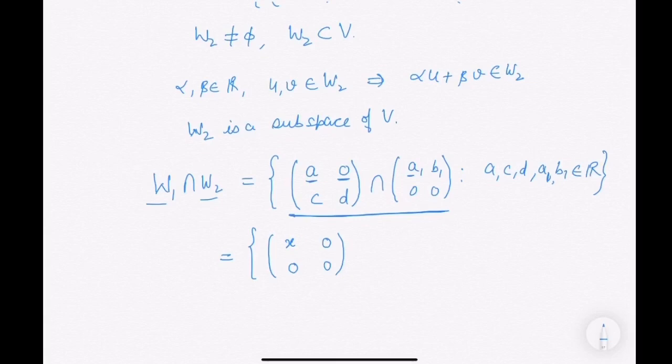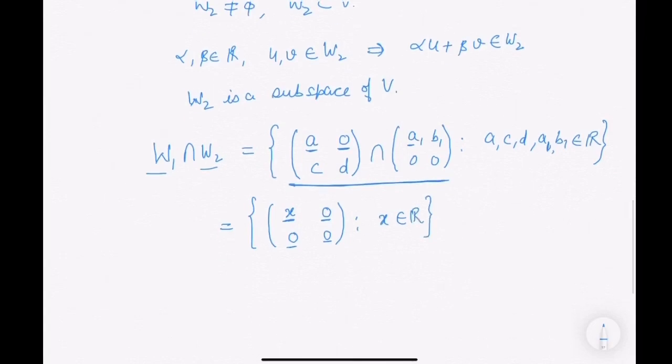So it means the three entries, this 0, this 0, this 0, these three entries are 0 and this first entry is non-zero. If we take these type of elements, then this type of element belongs to both W1 and W2.